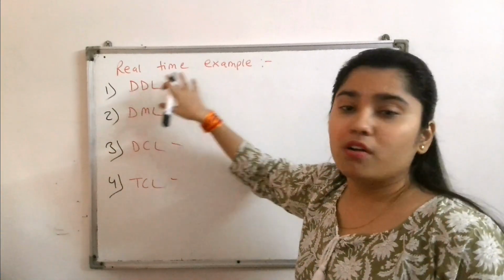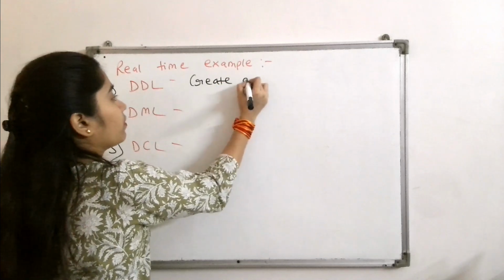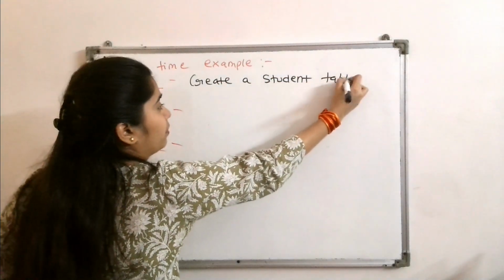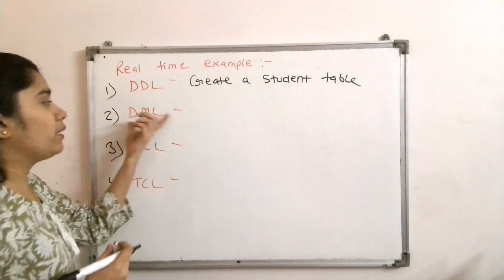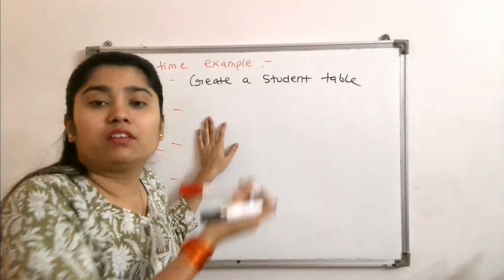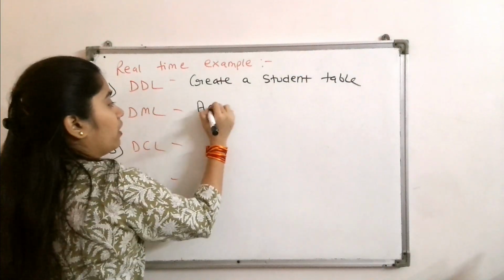In the DDL what we do is create a student table. Then in the DML language, we add the student records inside the table.